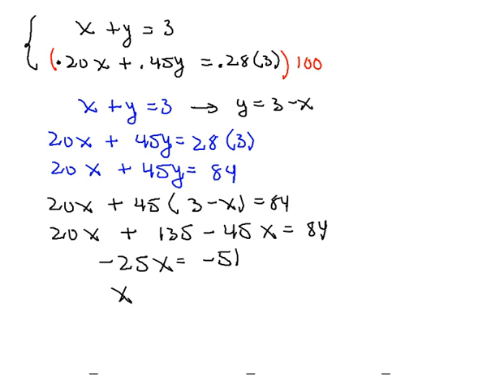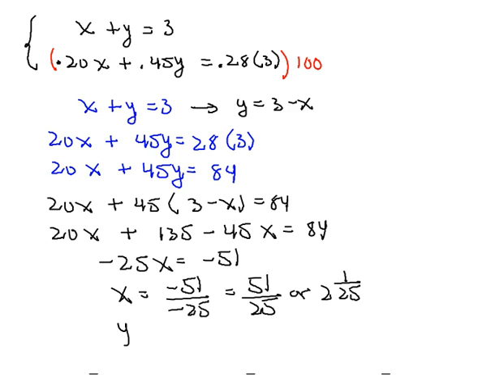And dividing each side by negative 25, we have negative 51 over negative 25, or 51 over 25. And in this context, we definitely want to change that to a mixed number, so that would be 2 and 1/25.